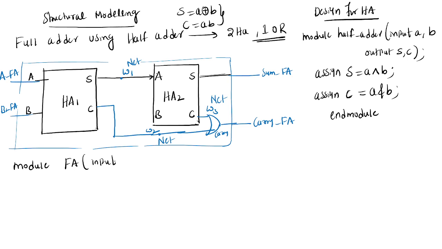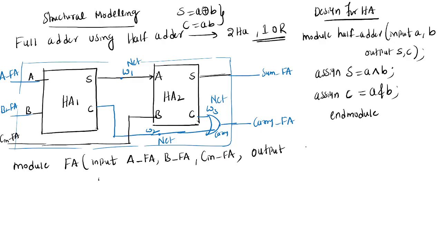The inputs are A underscore FA and B underscore FA, and one more input, Cin underscore FA, which we are giving as input to the second half adder. The outputs are sum underscore FA and carry underscore FA.